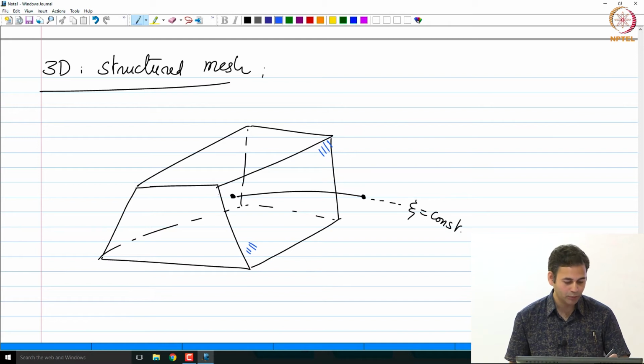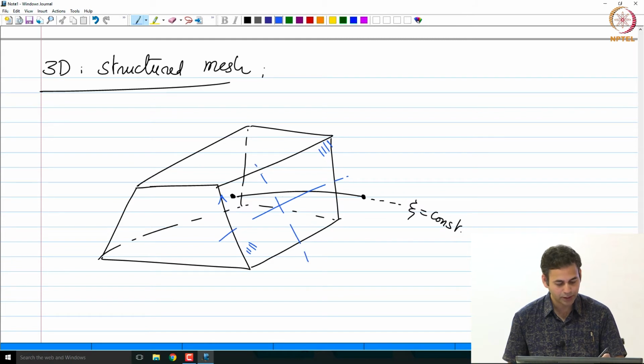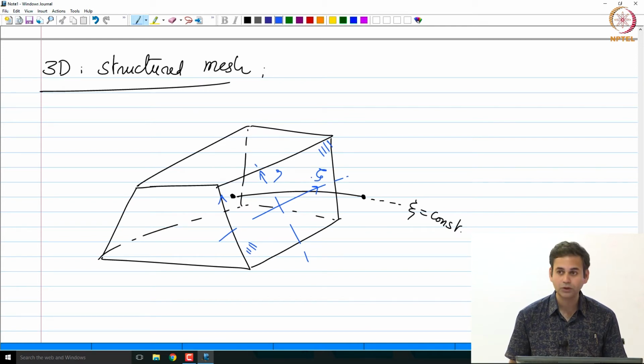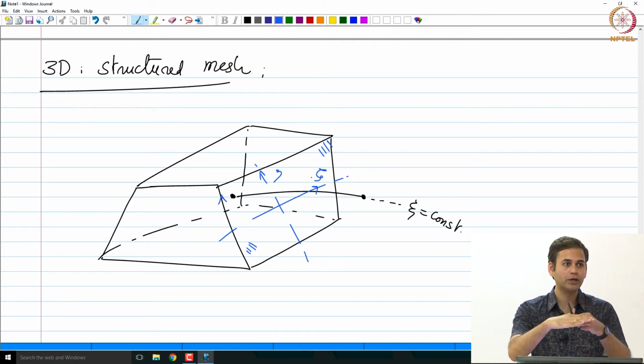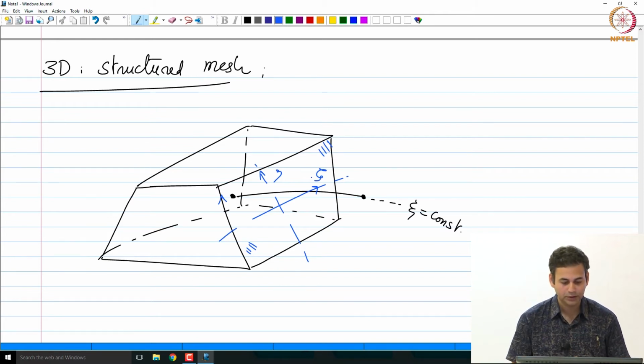Up till now we had only eta in this direction. Now we have 2 directions on the face, which is eta along this direction and some zeta along this direction. So on the plane we have 2 directions, and then normal to the plane we have xi, which is connecting the cell centroids. Do you see that?